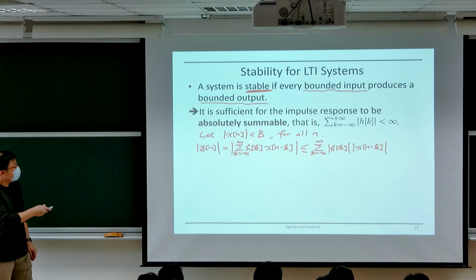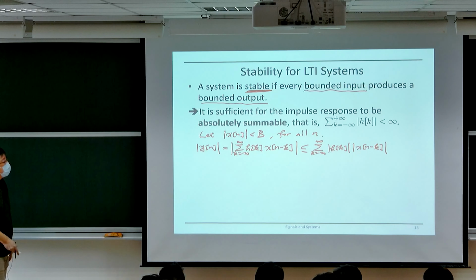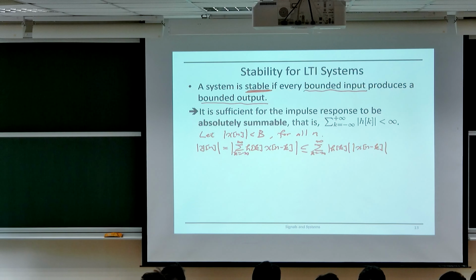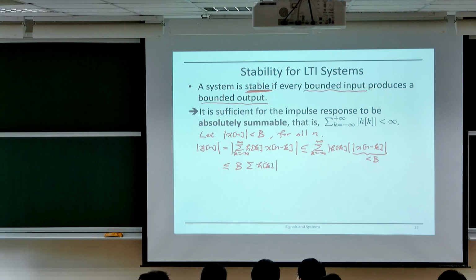Now, by the premise of the proof, we know that x[n minus k] must be less than B. So I can further bound this by B times the summation of the absolute value of h[k], and this holds for all n.